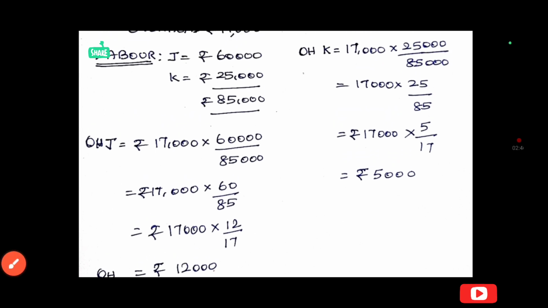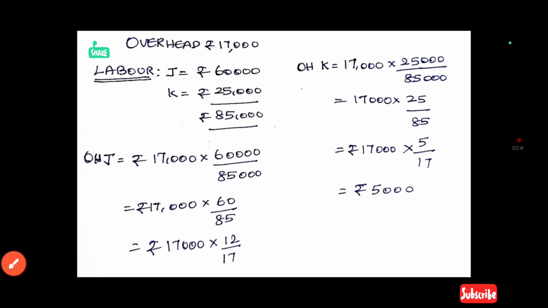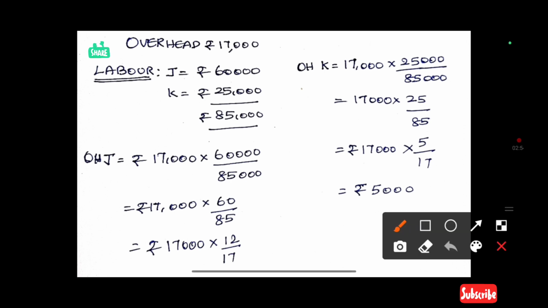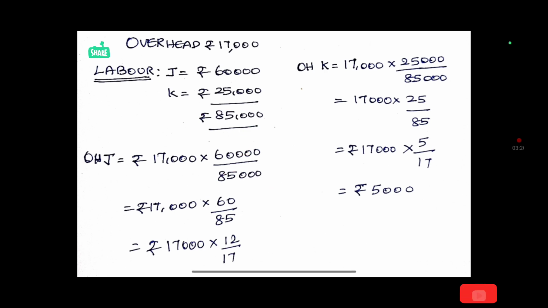Listen here carefully. What account are we preparing now? We are preparing J's process account. J's labor cost is 60,000 rupees, entered as the numerator. The total labor cost of J and K added together is 85,000, entered as the denominator. After entering the labor, you need to find the ratio.